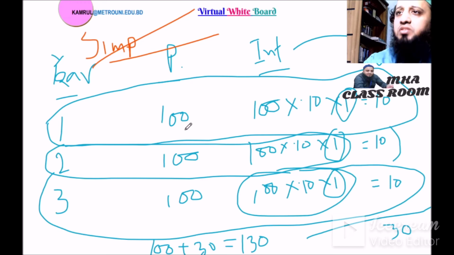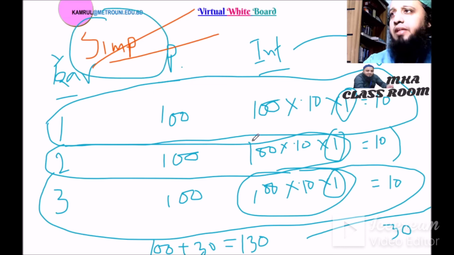But for the compound interest, there should be a change. For compound interest, this interest will be reinvested again, and it will earn more interest.